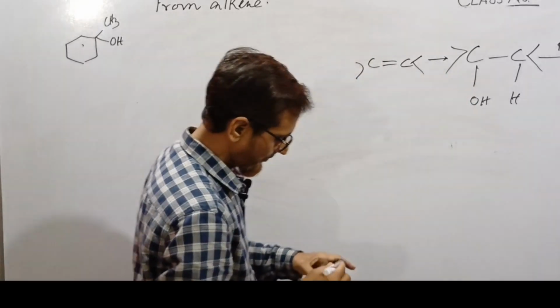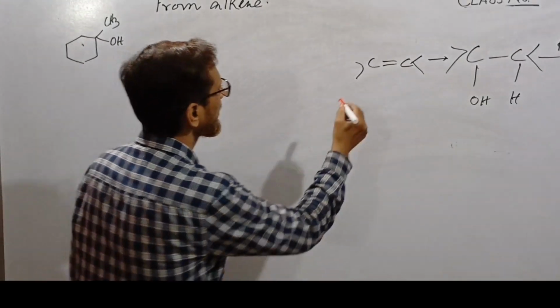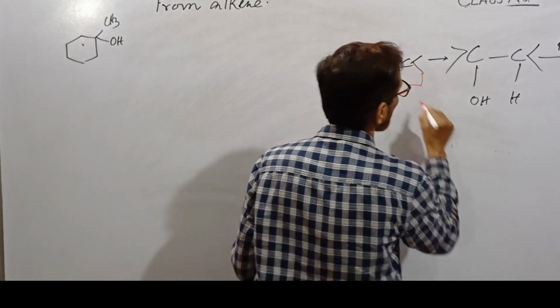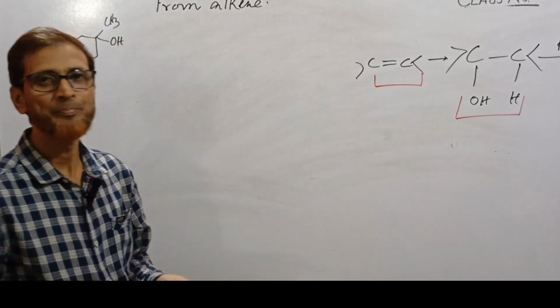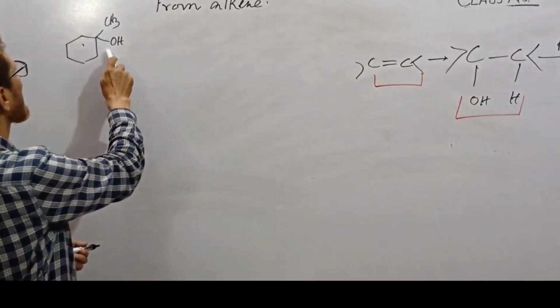So your main thing is that alkene is converted to alcohol. This is the leading idea.